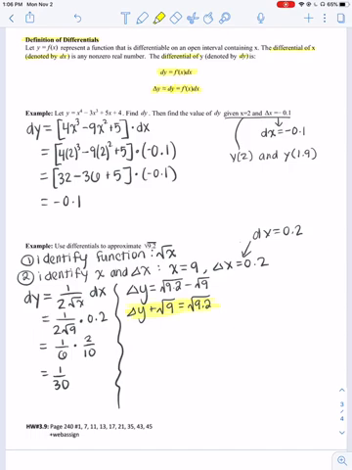And now the only thing is we don't know delta y, but we do know dy. And dy is an approximation. So delta y is approximately equal to dy. And so we're just going to replace that and say 1 over 30 plus root 9. Now this is not equal to, it is approximately equal to the square root of 9.2.